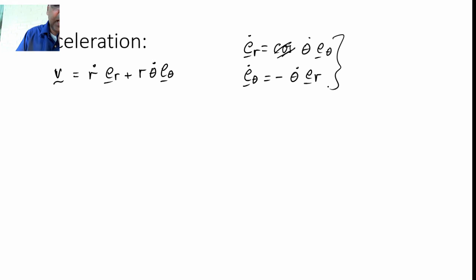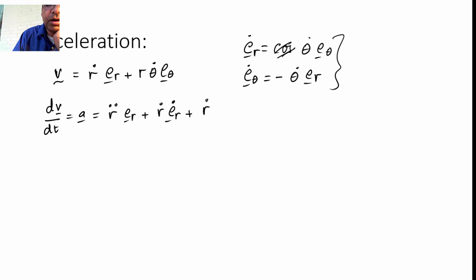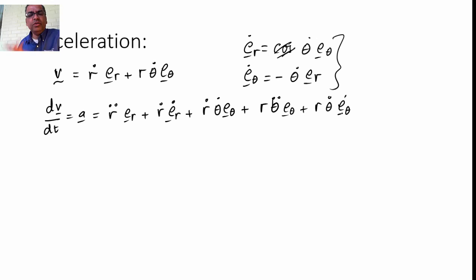So now you differentiate again. dv dt is the acceleration vector, which is chain rule plus product rule: r double dot e_r plus r dot e_r dot plus r dot theta dot e theta plus r theta double dot e theta plus r theta dot e theta dot. Just blindly use chain rule, blindly use product rule.